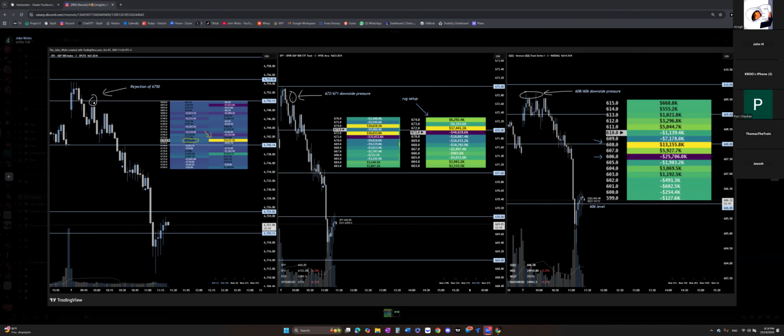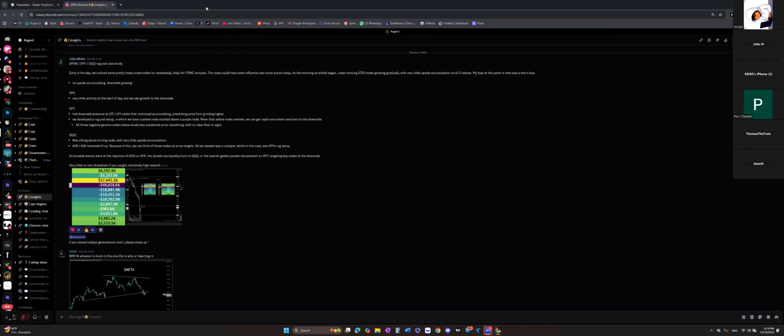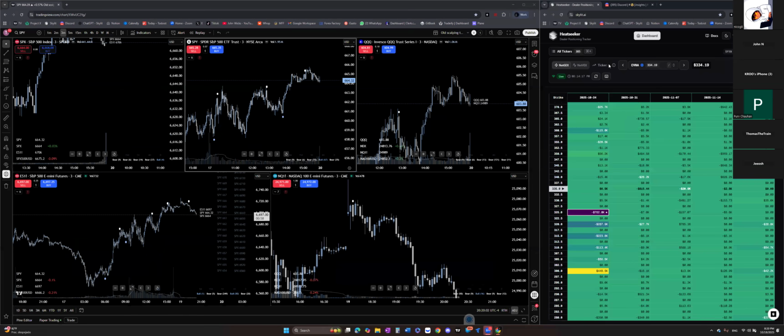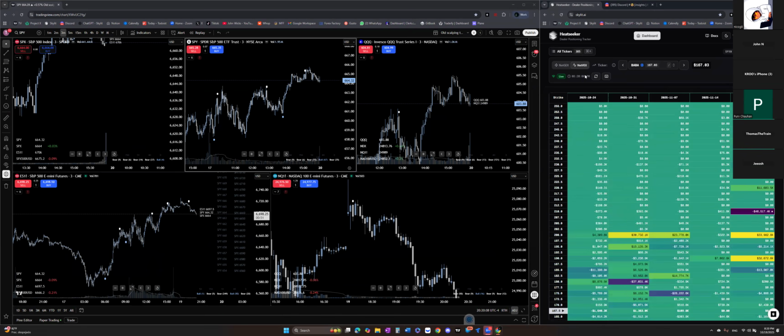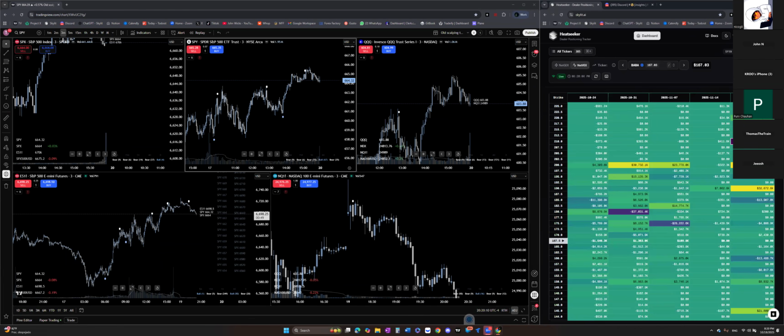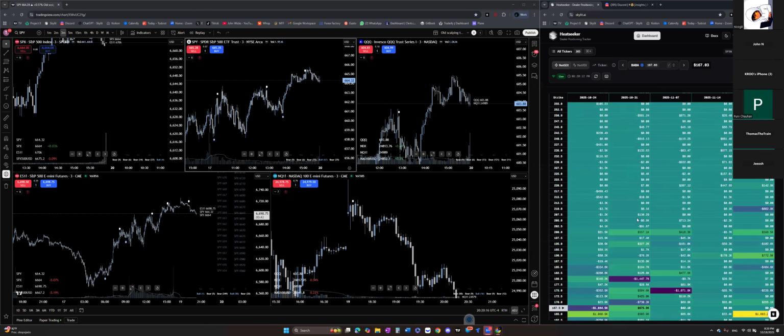Example to look at would be BABA, where VEX is king node higher and GEX building higher cluster. Let's see. Yeah, VEX is pointing up.